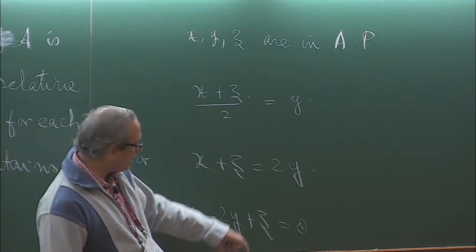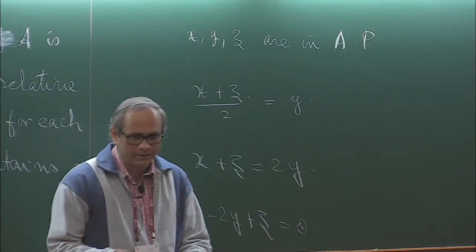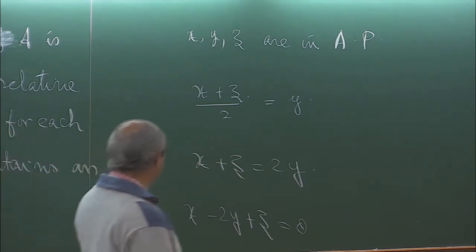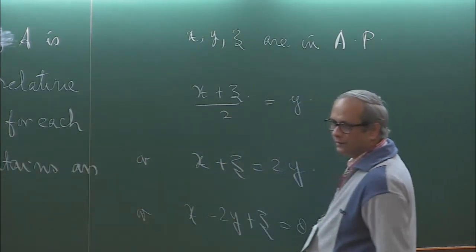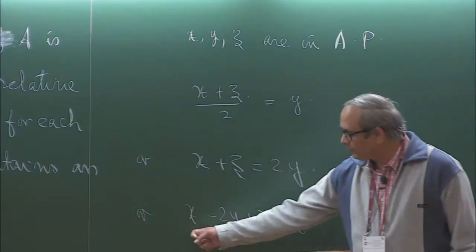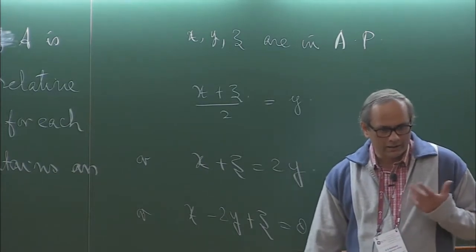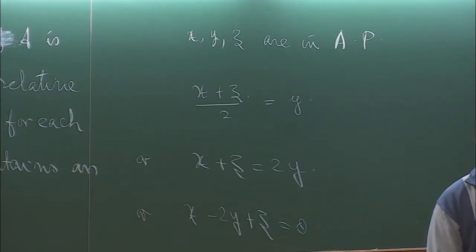So if you have any solution x, y, z to this equation, then x plus h, y plus h, z plus h is also automatically a solution, because any translate of a solution is a solution to this equation. So such equations where the sum of the coefficients is 0 are called translation invariant equations.